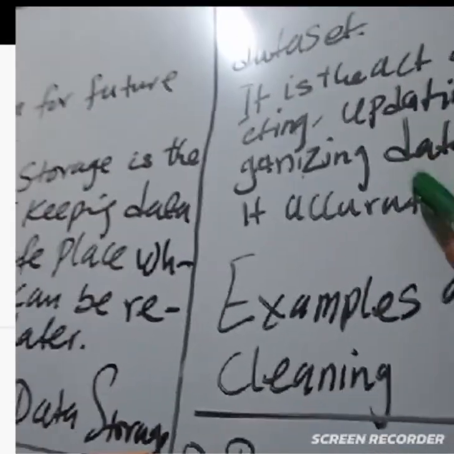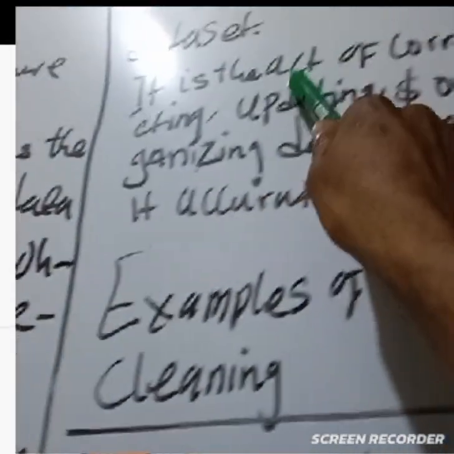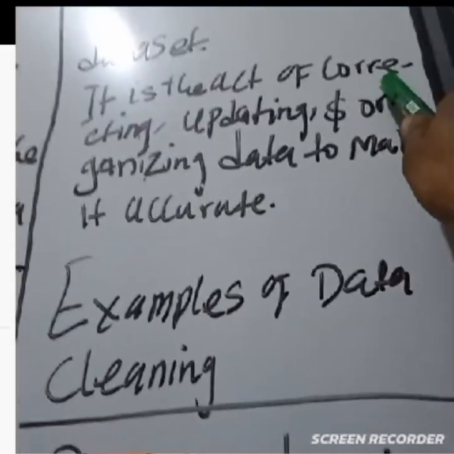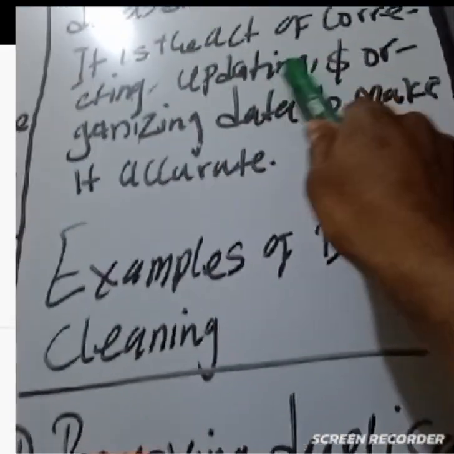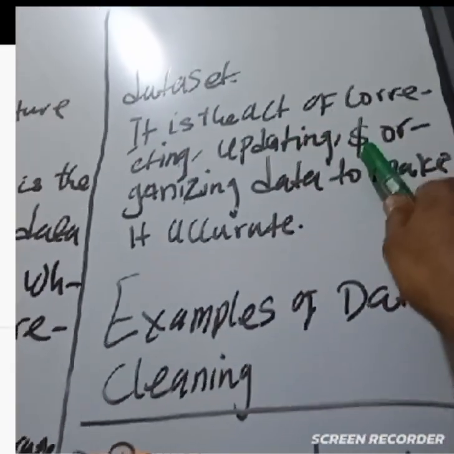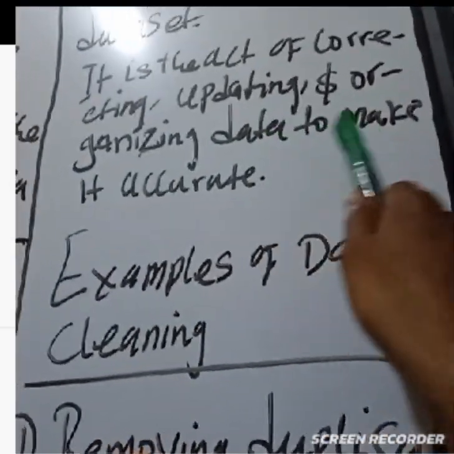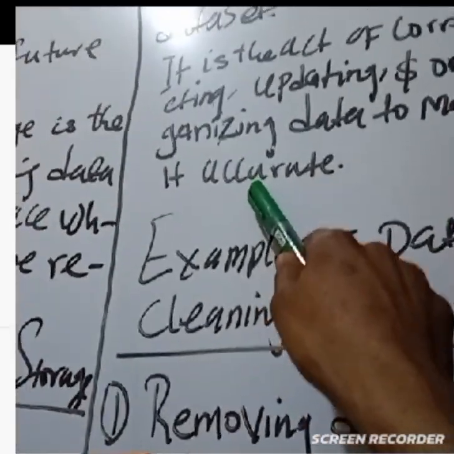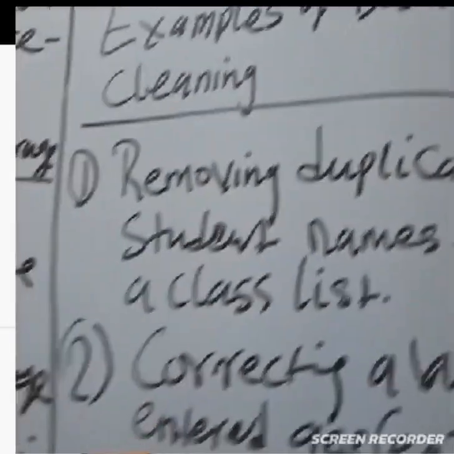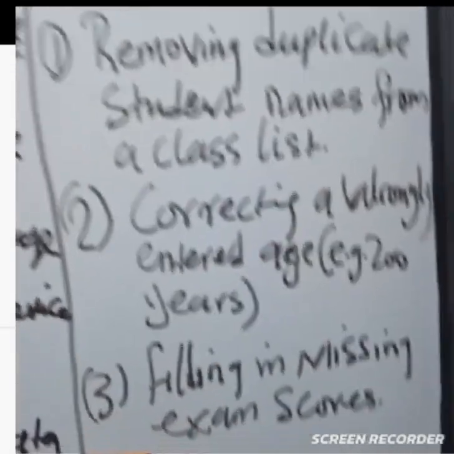Number two, it is the act of correcting, updating, and organizing data to make it accurate.